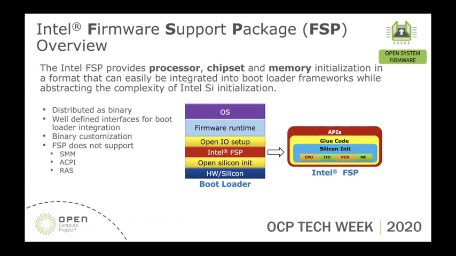In a nutshell, when it comes to Coreboot, we are using Intel FSP as really the key component that does the processor, chipset, memory initialization through the binary interfaces, and those binary interfaces are defined through UPD, and we get the data from the FSP using HOBs. So UPD and HOB are the primary interfaces that we use with Intel FSP as a way to do the core initialization portion. Next slide.